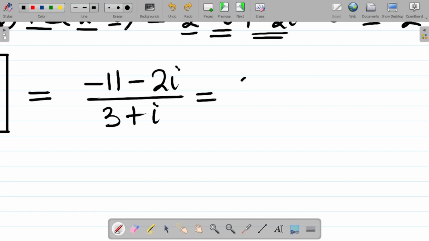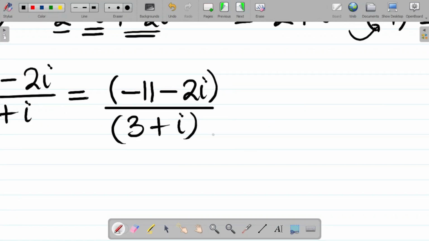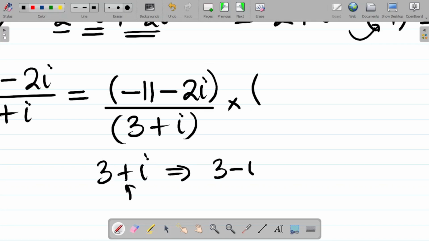I'll take the numerator, 11 minus 2i, all over the denominator, that's 3 plus i. Now what we'll do is multiply the numerator and denominator by the conjugate of the denominator. When we say conjugate of the denominator, what do we mean? If I have 3 plus i, for instance, the conjugate of 3 plus i is 3, and we change the plus to minus, and then we put i.